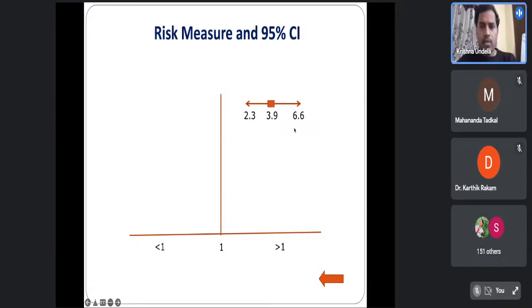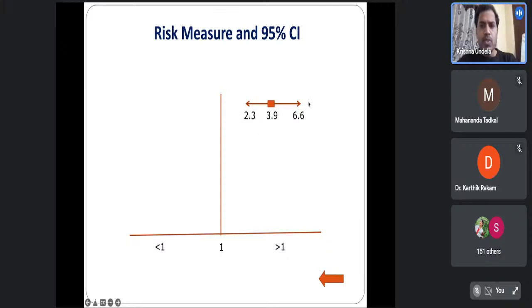A layman's understanding of the confidence interval is this: if you do the same study 100 times, you are not going to get the same value, 3.93, every time. You may get different values. But if you do the study 100 times, 95 times the value will be between 2.3 and 6.6.